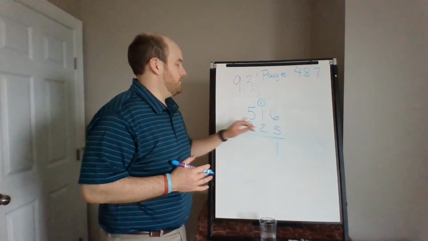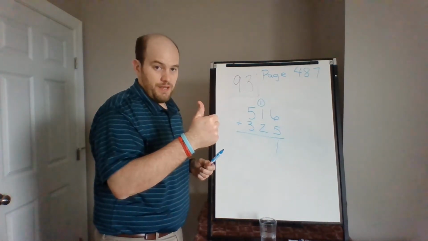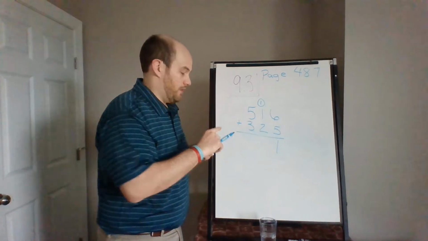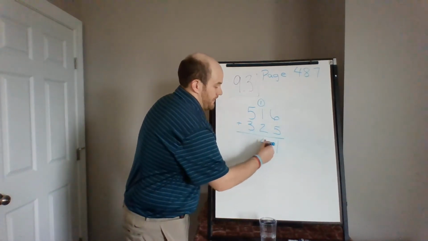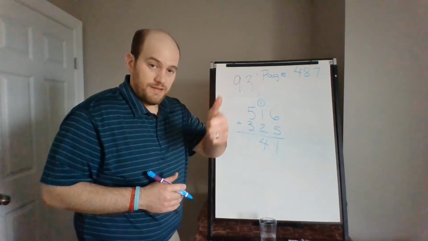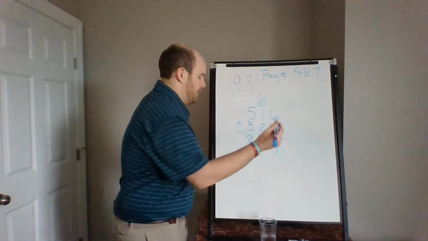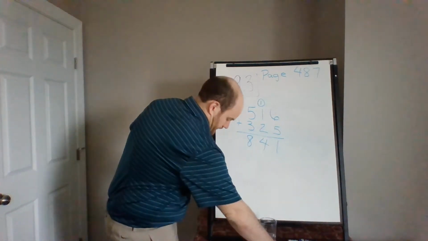All right, so now I have 2 plus 1 plus 1. So 2, 3, and then that extra 1, 4. There's nothing I have to carry over, so I can begin my hundreds. 5, 6, 7, 8. 841 is the answer for number 3.